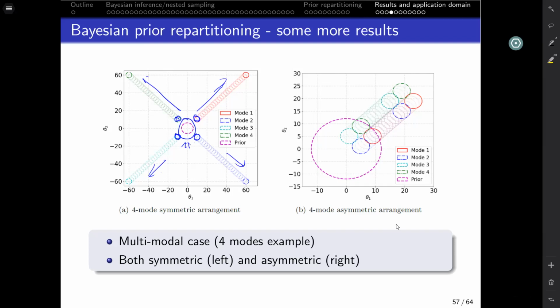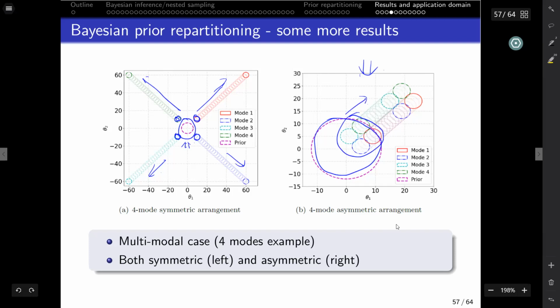And we also try the asymmetric case. We still have the prior here, but then put all the modes together and slowly move them to an extreme case. And the results show that this BPR method can do perfectly for the symmetric case, and is okay for a little bit of asymmetry.